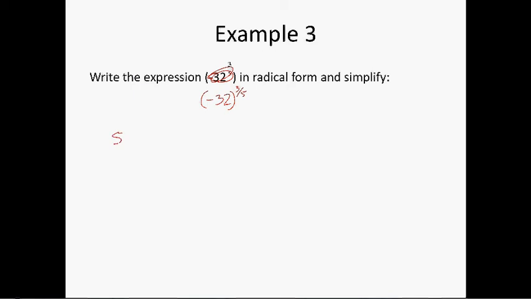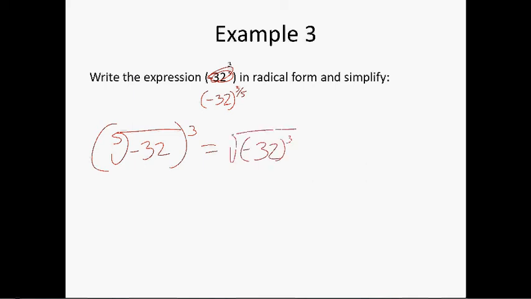So this is saying we're taking the 5th root of negative 32 and then raising it to the 3rd power. Or what you could do is do negative 32 to the 3rd power and then take the 5th root of that. Now, my advice is do the one over here on the left.